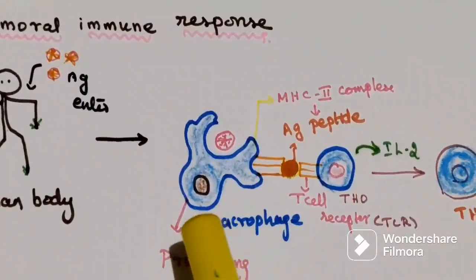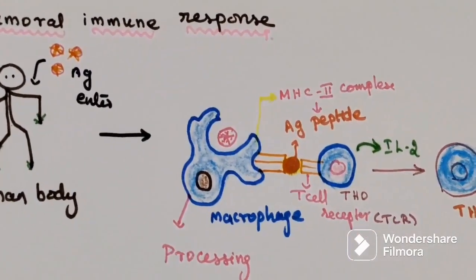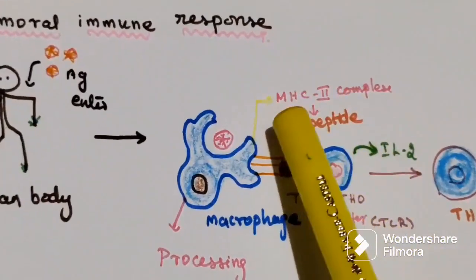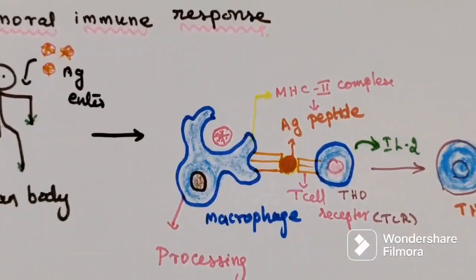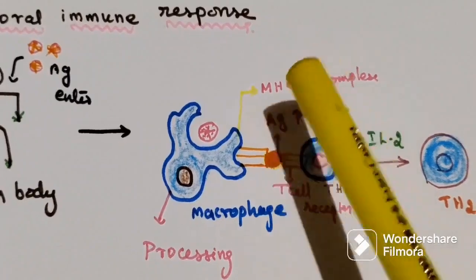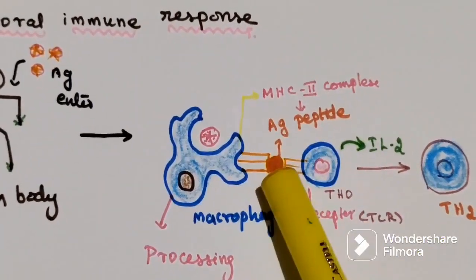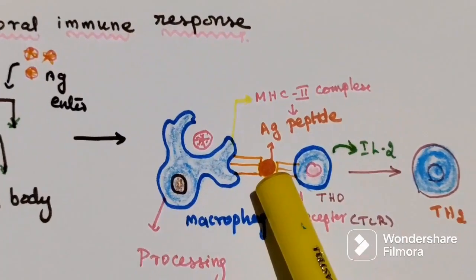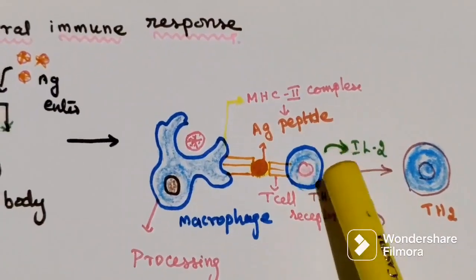Macrophages help, and now processing starts. The MHC2 complex, major histocompatibility complex 2, comes out and produces the antigen peptide. When this antigen peptide comes out, the T helper cell is stimulated.